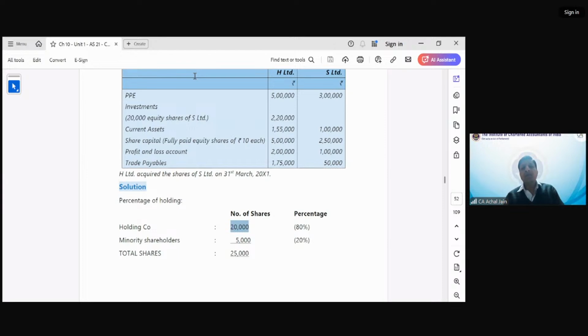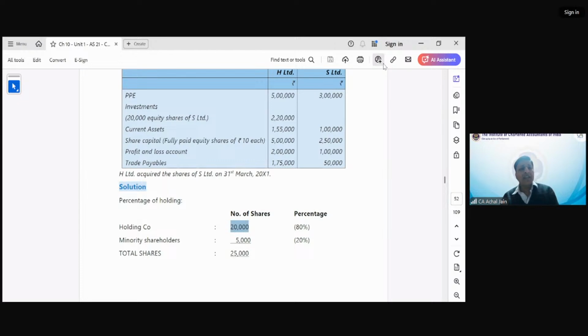Tell me quickly. 80%. Now clear on this? Any more questions?